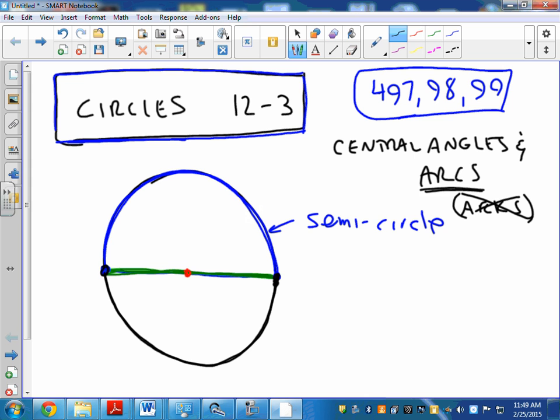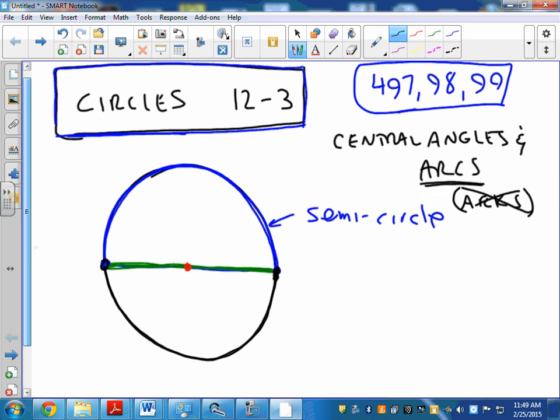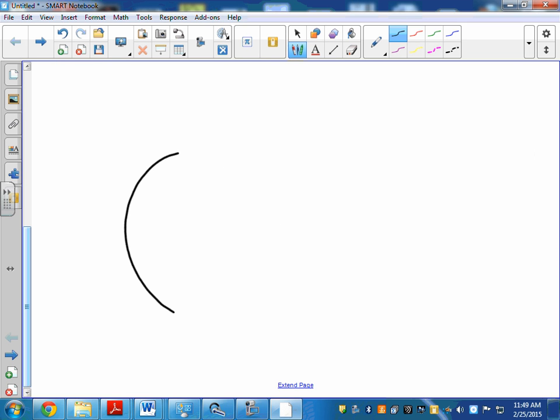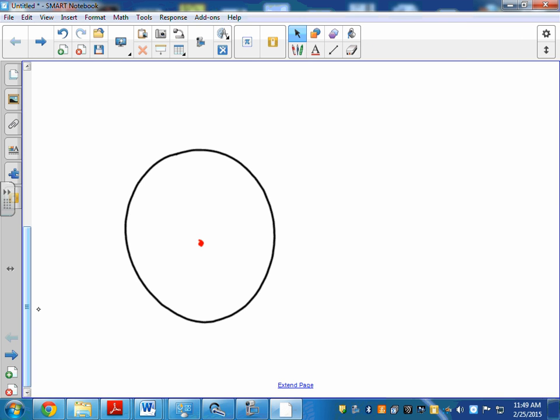Okay, what happens if we have a circle and we don't quite have a semicircle? Let me scroll down here, another little sketch. Again, here's the center of the circle. This time I'm going to draw a chord that's not going through the center, so this is not a diameter. And we now have 2 parts of the circle.